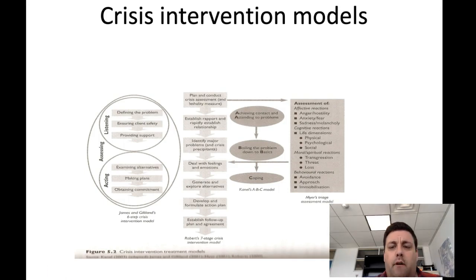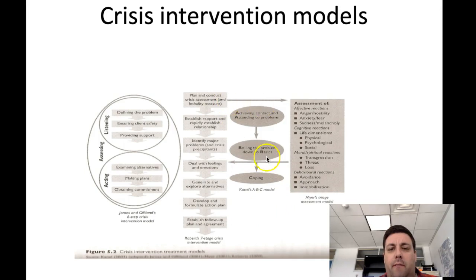These are four specific and manualized ways of dealing with crises. Over here we have James and Gilliland. They have a 6-step crisis intervention model that involves listening, assessing, and acting. This one here is Roberts's 7-stage crisis model.